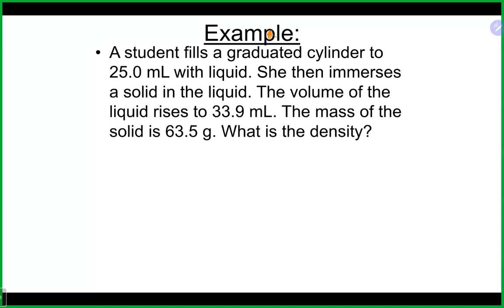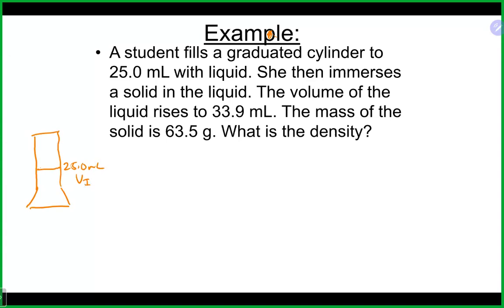Okay, so let's take a look at this. Basically what's happening here is we have a graduated cylinder, and it is initially filled with 25.0 milliliters. That is our initial volume.